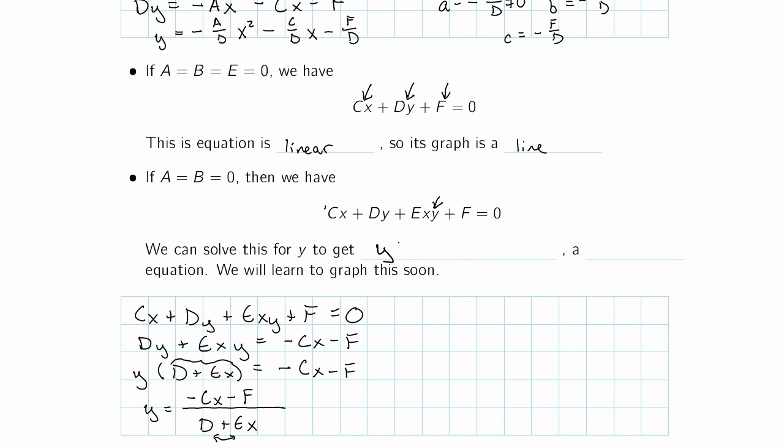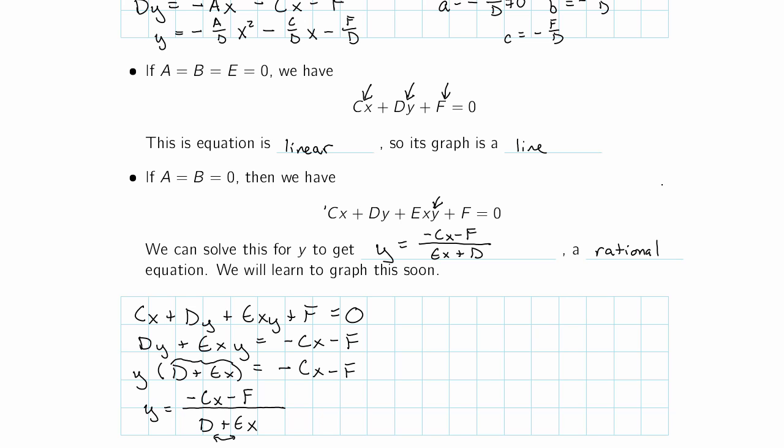So solving for y, we get y equals negative cx minus f over ex plus d, which is a rational equation. We didn't learn to graph rational equations way back when we studied them, but we will learn to graph this specific kind of rational equation in a little while.